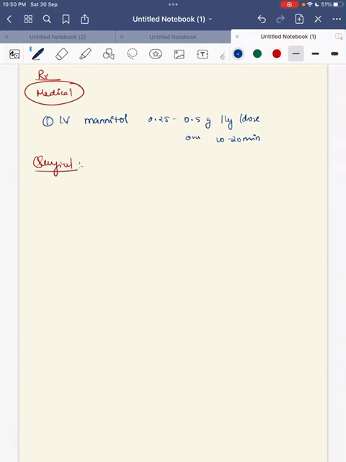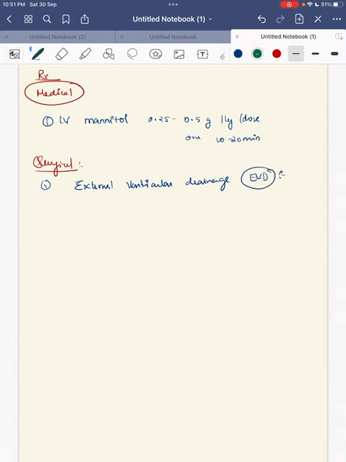In surgical management, the first one is external ventricular drainage, that is EVD. This is an emergency procedure.